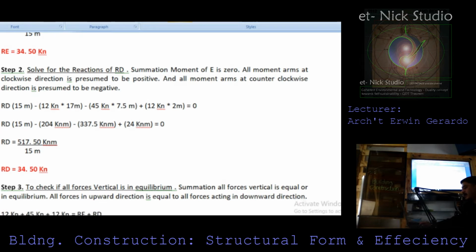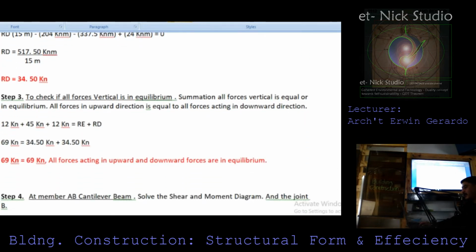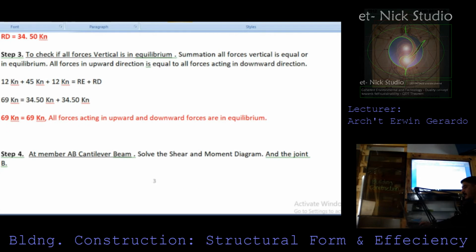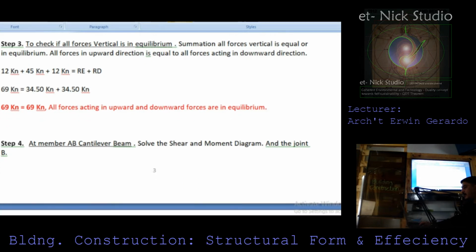To check if all vertical forces are in equilibrium, all you need to do is come up with a summation of all vertical forces. In equilibrium, all forces in the upward direction are equal to all forces acting in the downward direction.